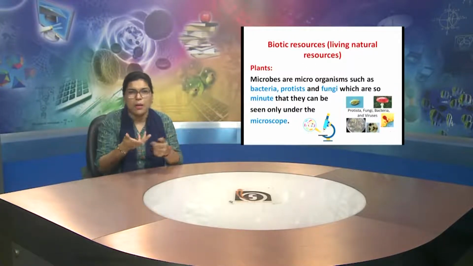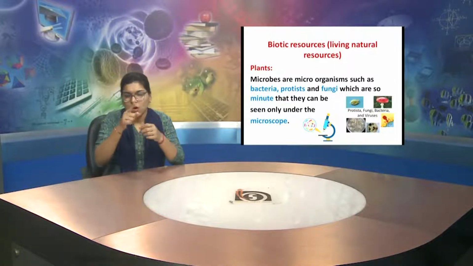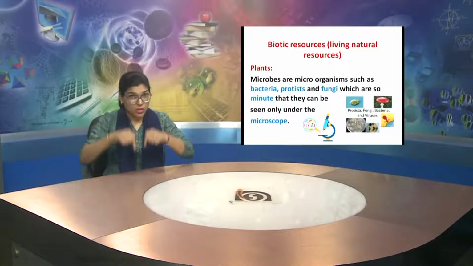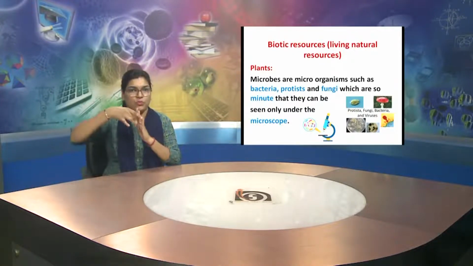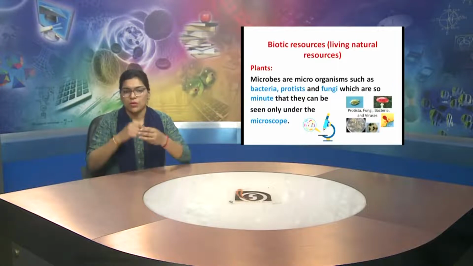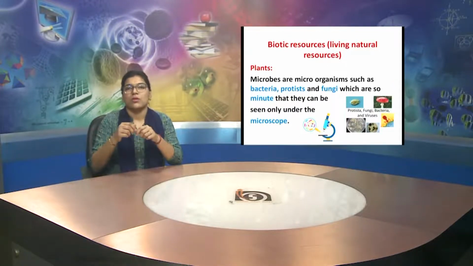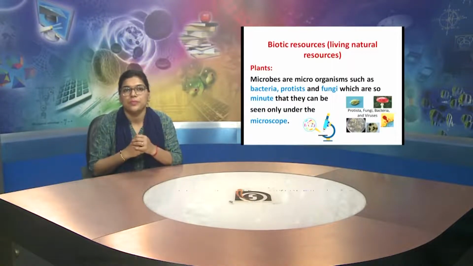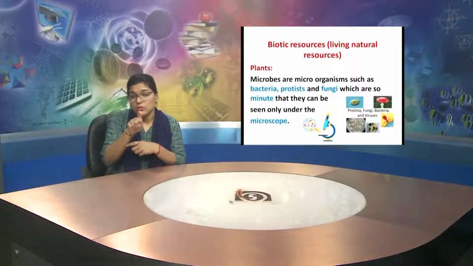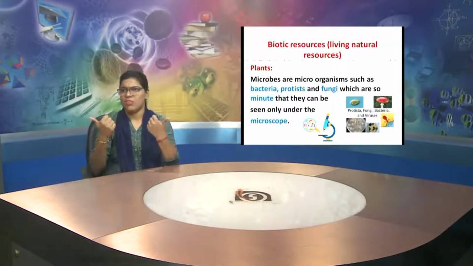We have understood land, water, energy and the different names which were under this group. Now let us discuss the biotic resources. In this we have plants, animals and microorganisms. So let us first begin with the plants.